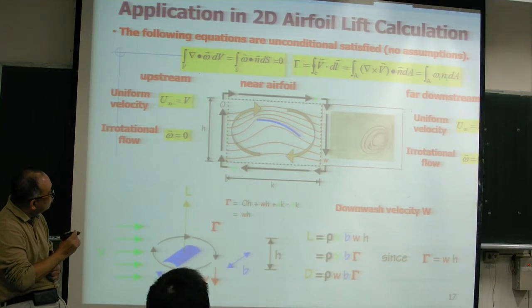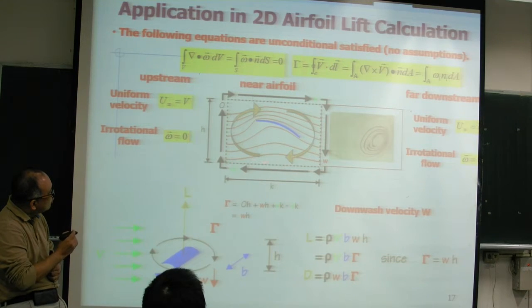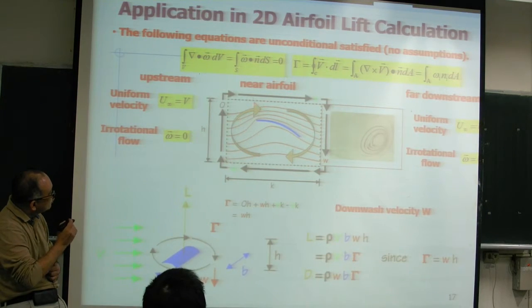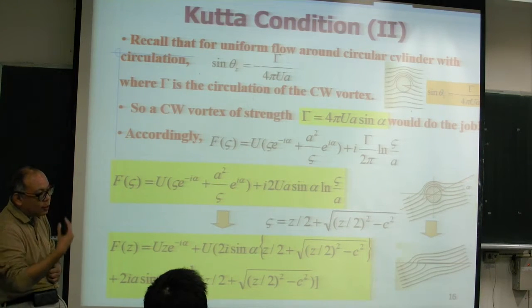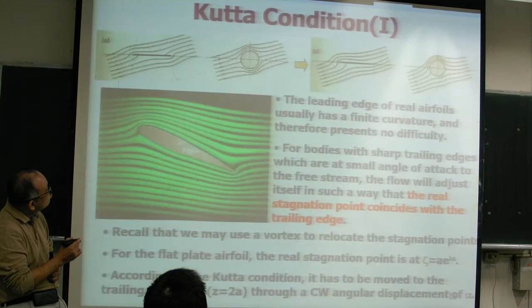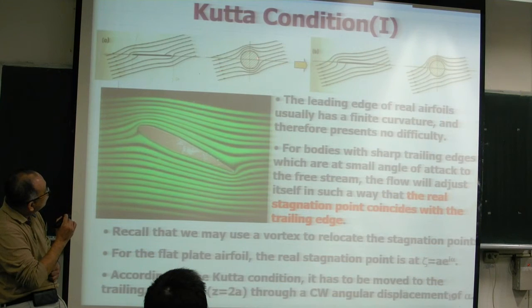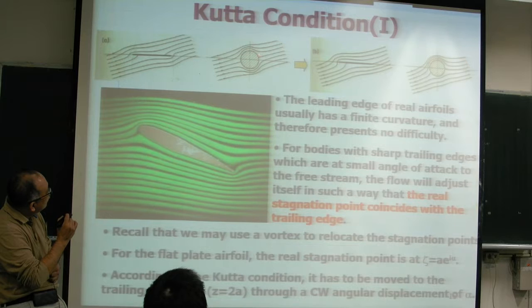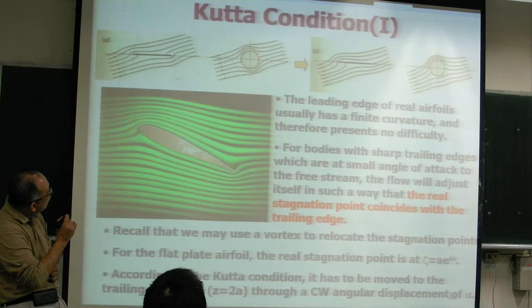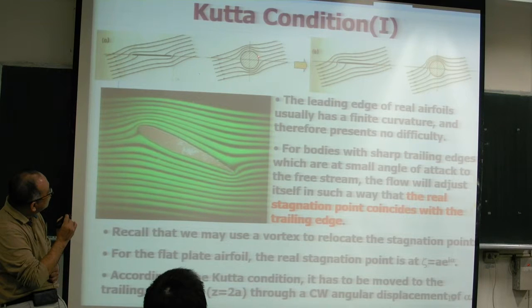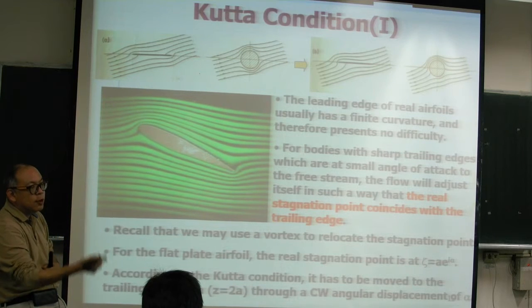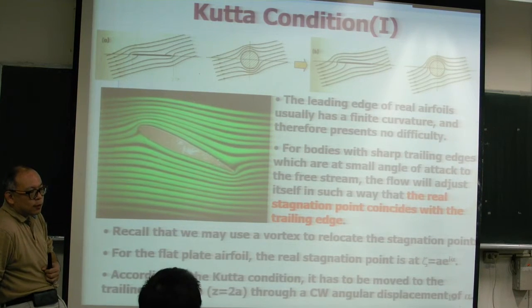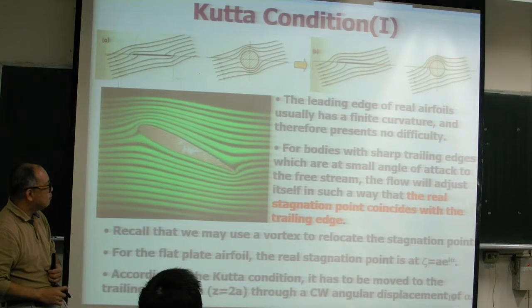We can apply the circulation, and the strength of the circulation that has to be applied should satisfy the so-called Kutta condition. The Kutta condition tries to move the stagnation point by applying the circulation, allowing the stagnation point to move from this point to this point here. Our trailing edge will be the stagnation point. So that will be the Kutta condition.